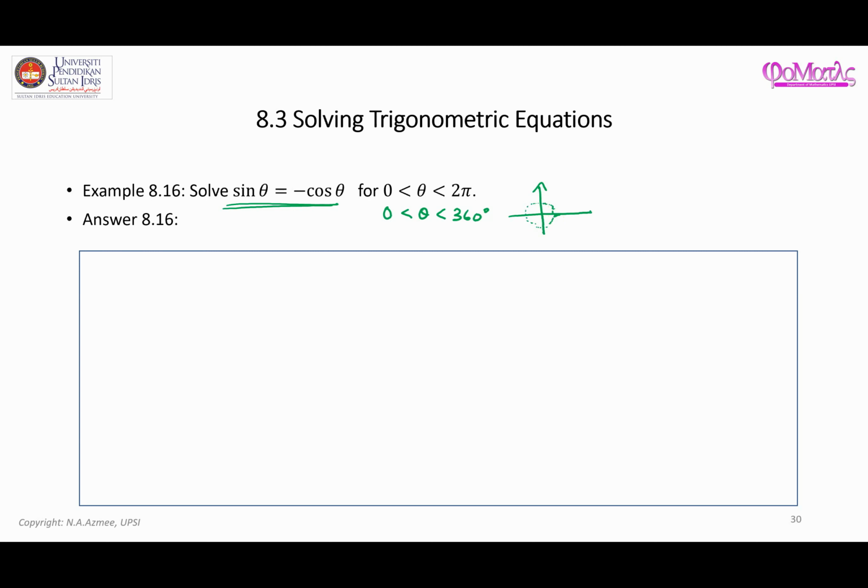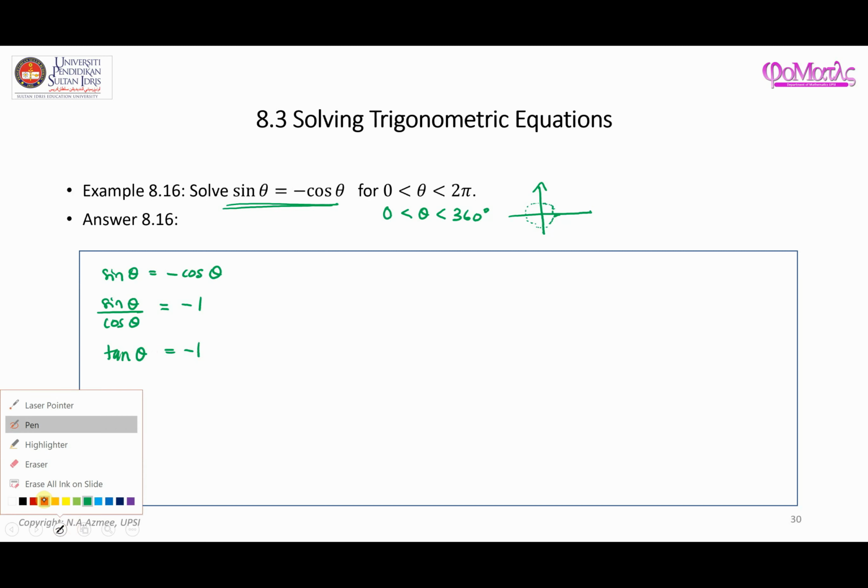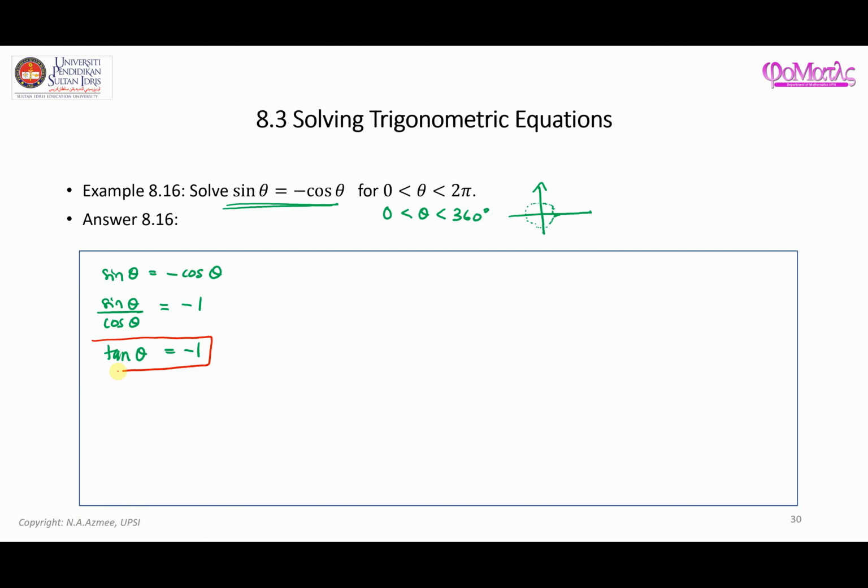Now next, this equation here is sine theta is equal to negative cos theta. So if I consider dividing it with cos theta, what I have is sine theta over cos theta is going to be equal to negative 1. So what is sine theta over cos theta? We know that sine theta over cos theta is just tangent theta equals to negative 1. Now once we have this expression, we know that the value here is negative.